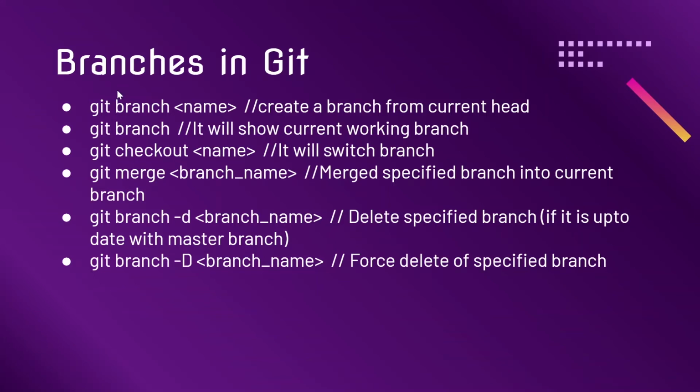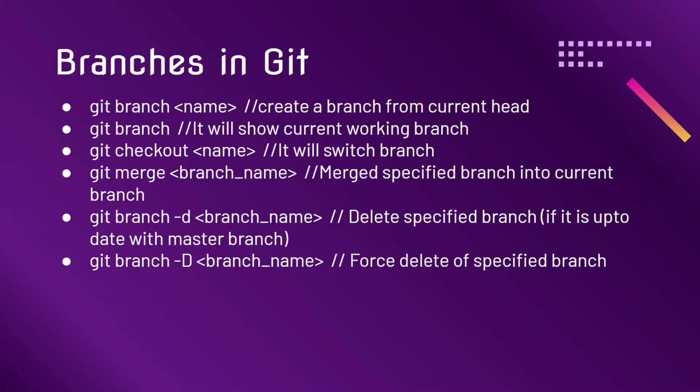Okay, and it is a good practice to delete a branch after every merge. So if you are working on a feature, you added the feature, then you merge the feature in the master branch. After that you should delete that branch, because if you keep every branch in your repo, it will create huge trouble in the end, because there will be multiple branches and you will get confused which branch contains which feature, and at some point it will mess up your entire code.